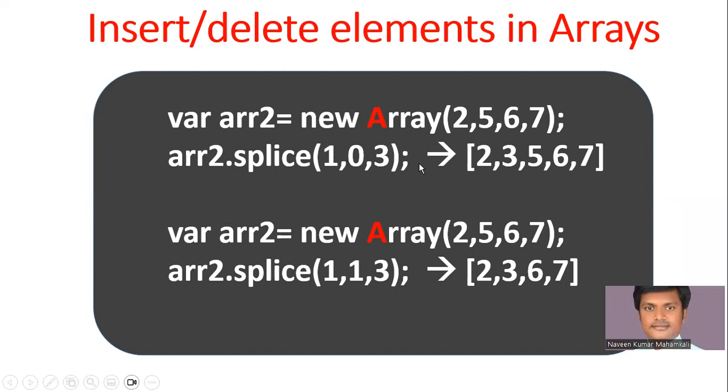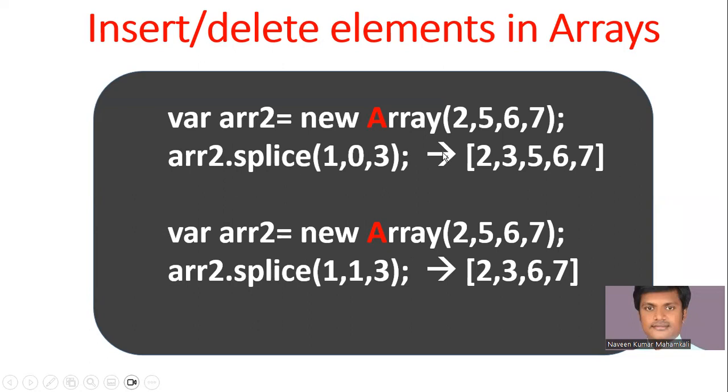As a result, you can see at position 1, 3 is inserted, with 0 elements deleted. The elements 5, 6, 7 are moved to the next positions. Hence the array2 length has been increased by 1, since 0 elements are deleted from that index.